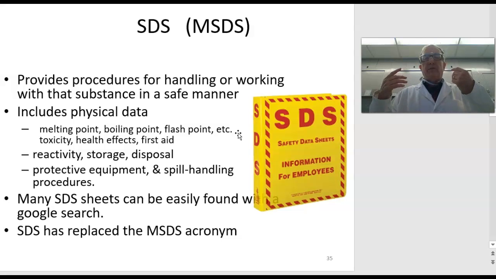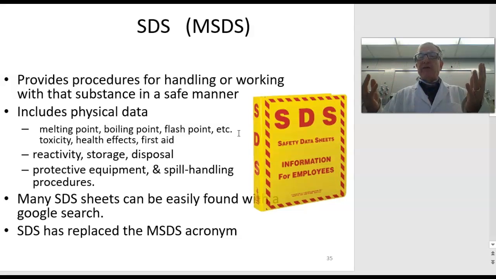They can also talk about health data that you might need: the toxicity, the health effects, long and short-term, chronic, acute, and first aid procedures that you might need to go through. They'll talk about the reactivity, how to best store the material, and how to go about disposing of it. If you need any special protective equipment, it'll be found in the SDS, and any spill handling procedures that might be out of the ordinary, it'll talk about those.